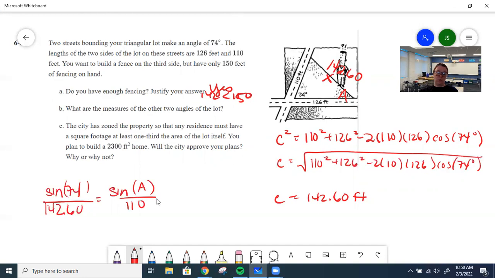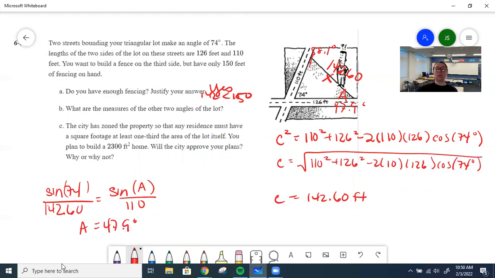Multiply, divide, take the inverse sine, and you should get A is 47.9 degrees. If we subtract these two from 180, we get this one, which would be 58.1 degrees.